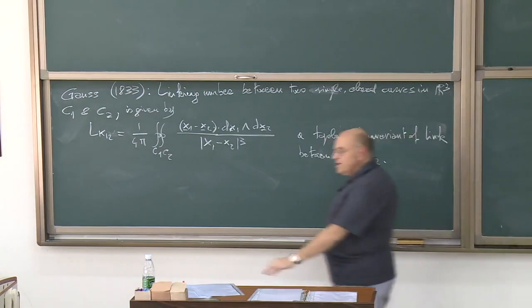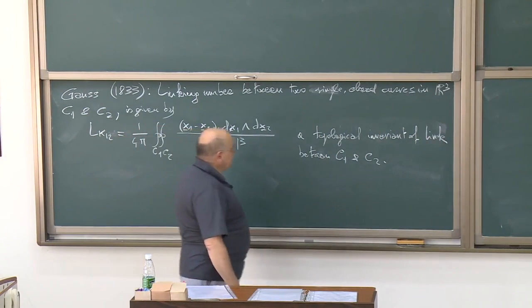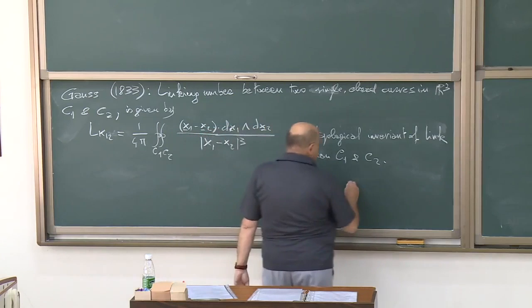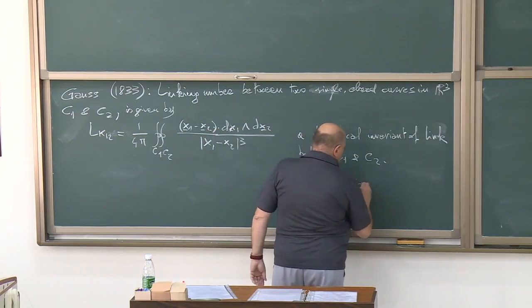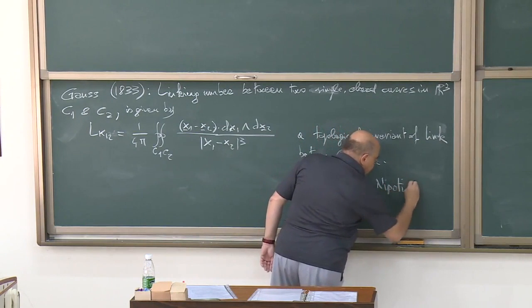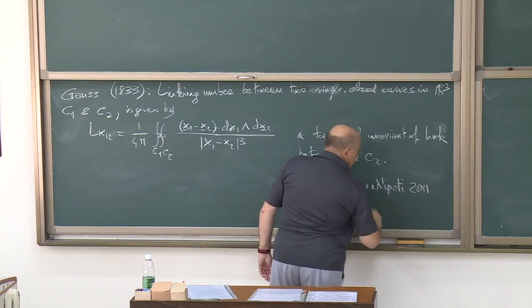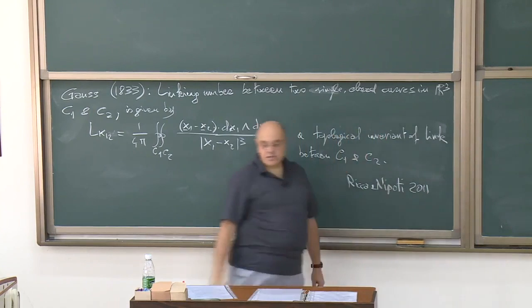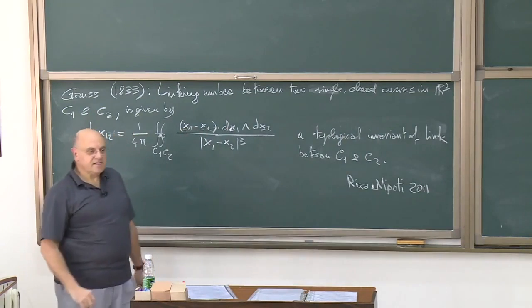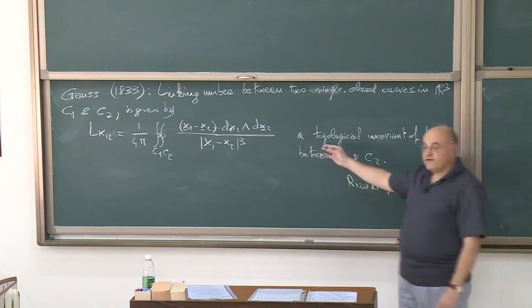I wrote a paper on this with Nipoti in 2011, and if you'd like to have a look, it is there. It was stimulated by so many attempts that people made to justify this formula.